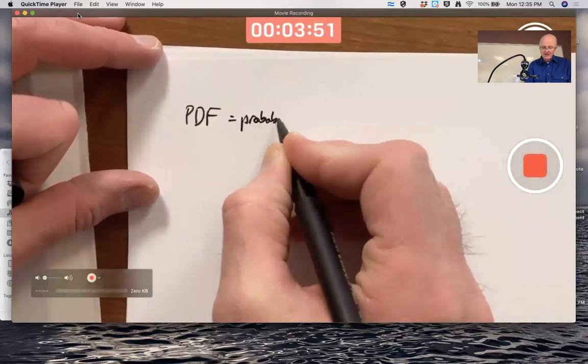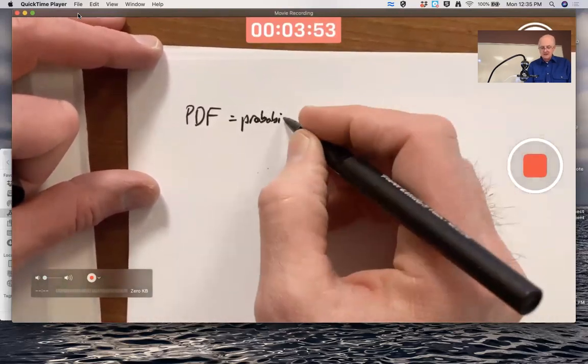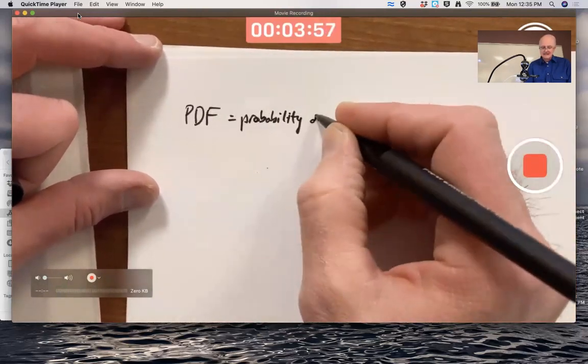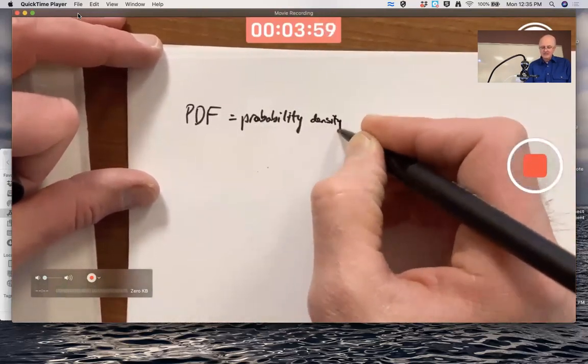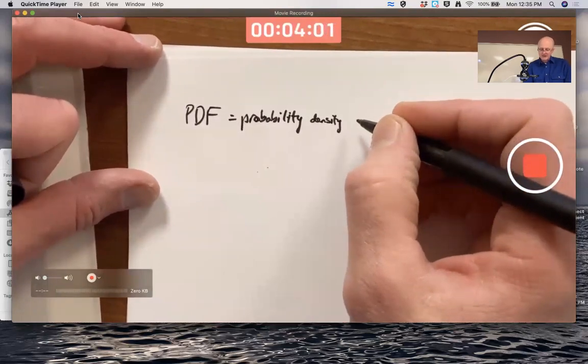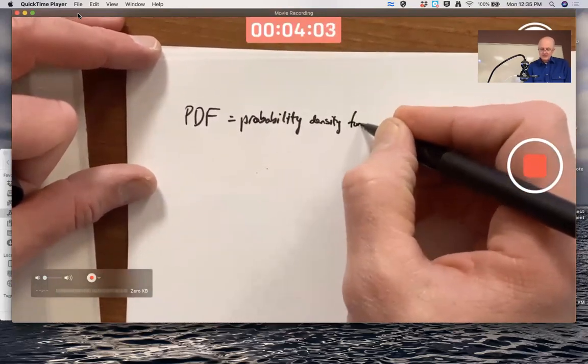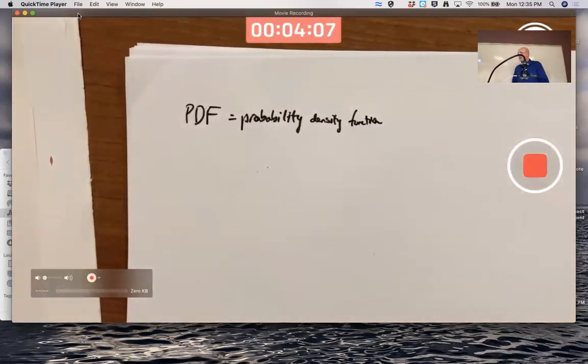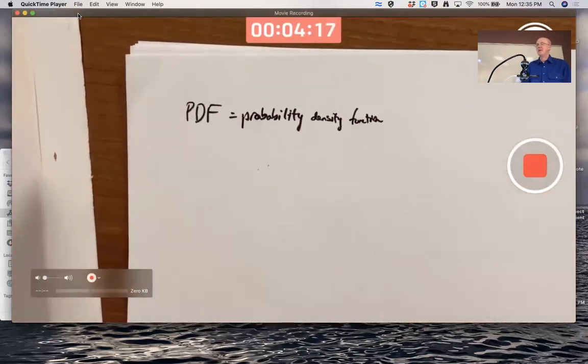We're looking at applications of integration to probability and statistics. If you are, for example, a computer engineer major, you will have to take a class called probability and statistics, maybe even next fall, or maybe the fall after that, probably taught by me, where you use probability density functions, PDFs, all the time.